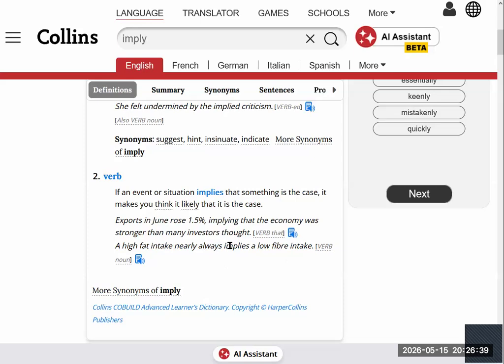So eating one thing implies that you're not eating enough of something else. Too much of one thing implies you're not eating enough of something else. So if you're eating a lot of bacon, or lots of meat, you have to think, well, they can't be eating much else.